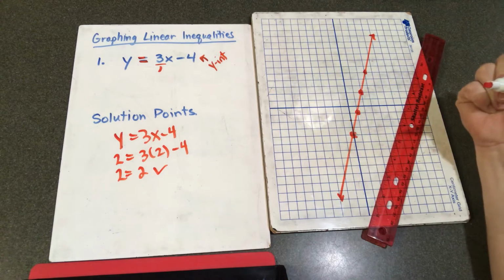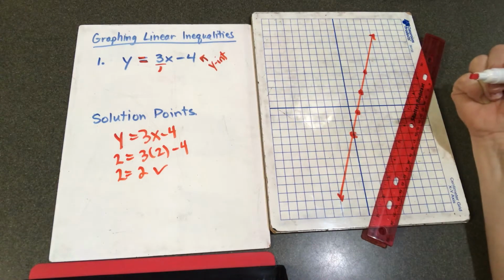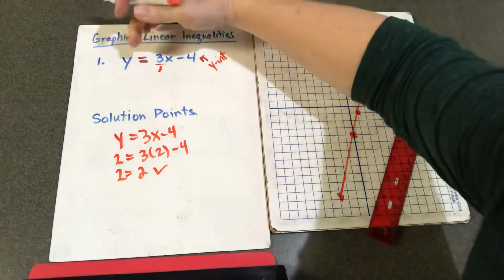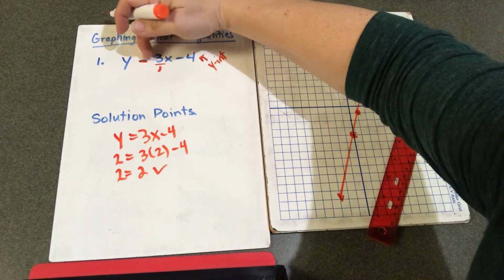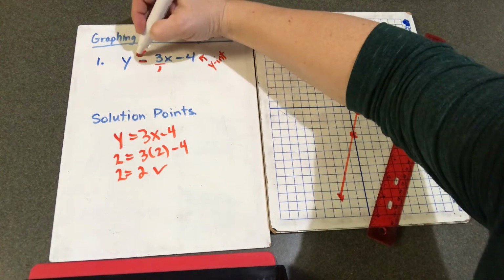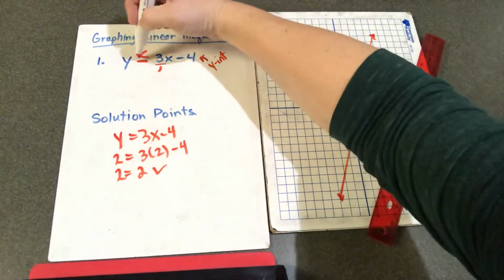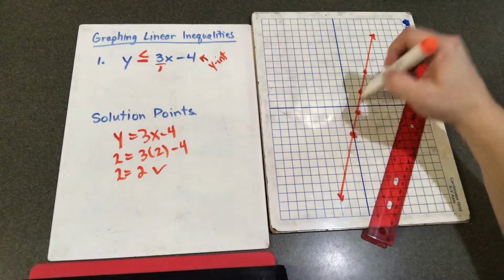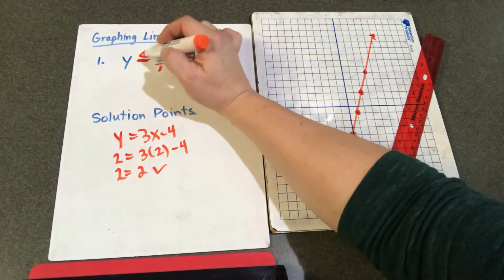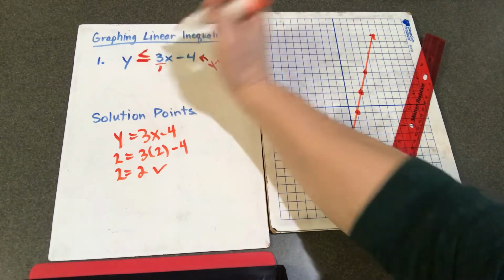Now, to make it an inequality, remember we have to have a greater than or a less than. So if I change this and I make this less than or equal to, then we're saying that not only the points on the line are solutions, but everything that is less than the line.